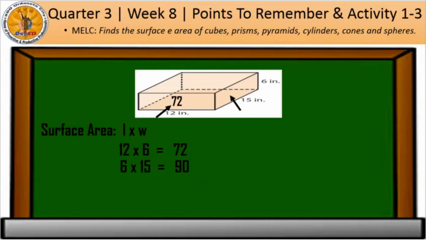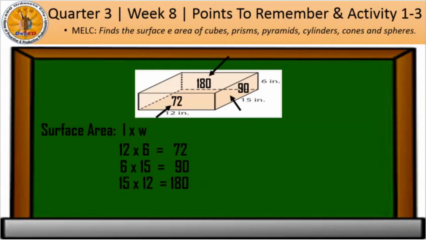That will give us 90. So the surface area for this face is equal to 90. Then this face, we have 15 times 12. That will give us 180. So the surface area for this face is equal to 180.